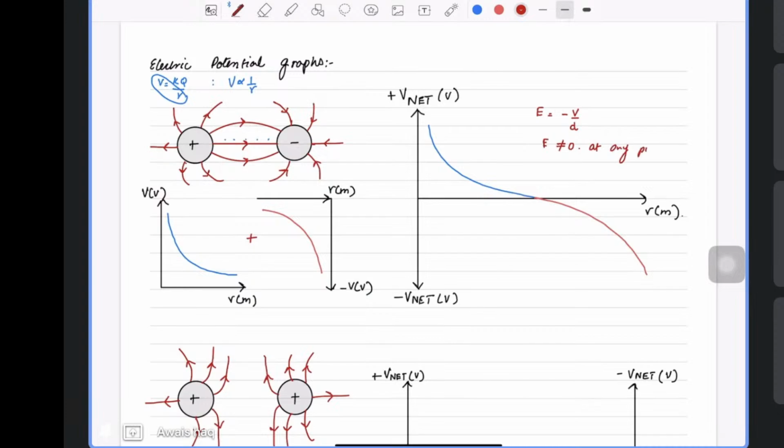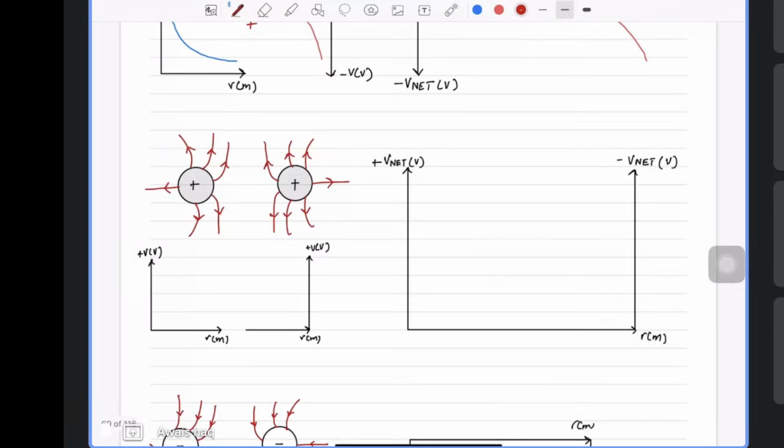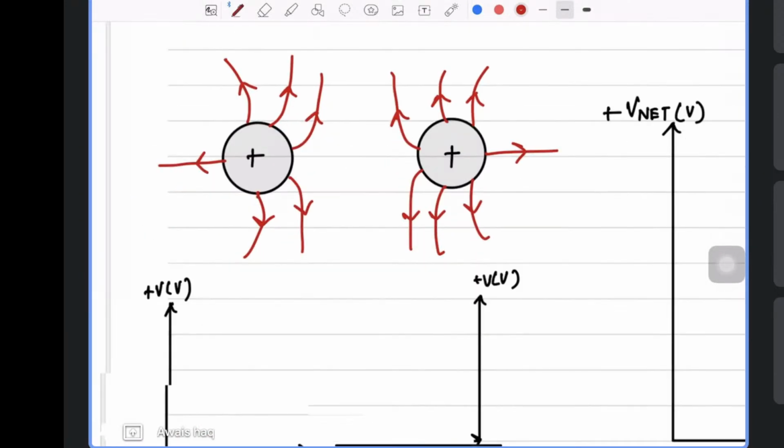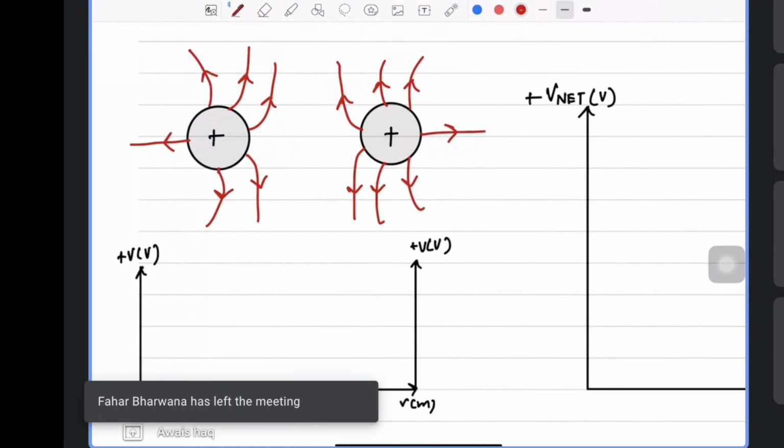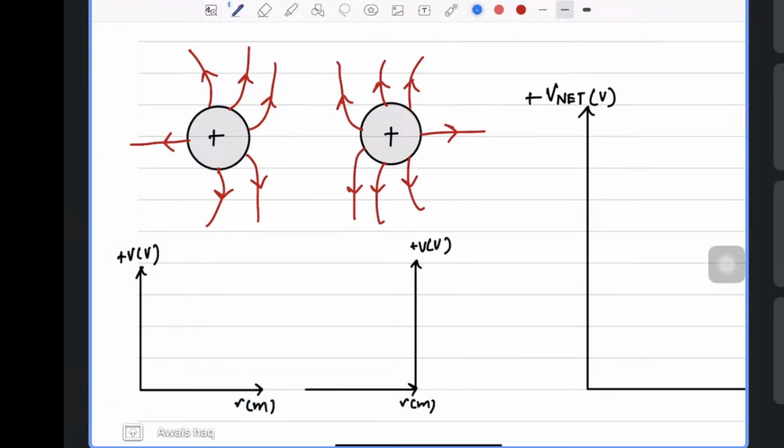Alright, so then we're going to move to the next graph, which is this one. This graph shows two positive charges. As you move away from the first positive charge this way, the potential is going to get lesser.